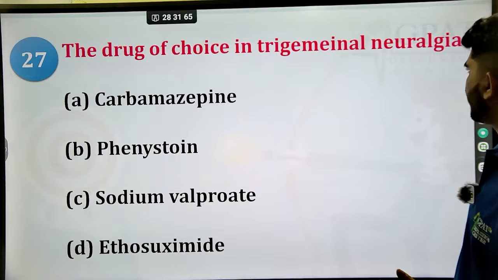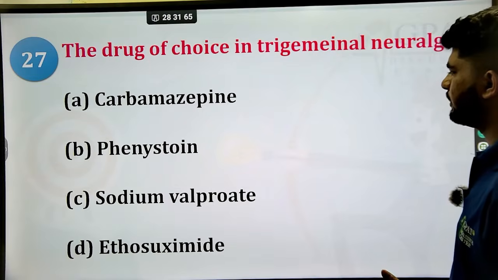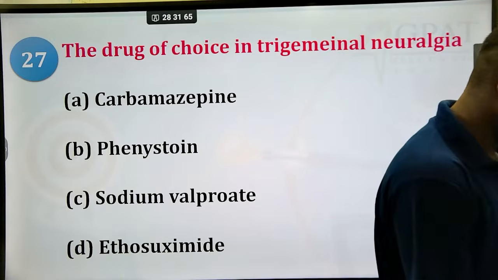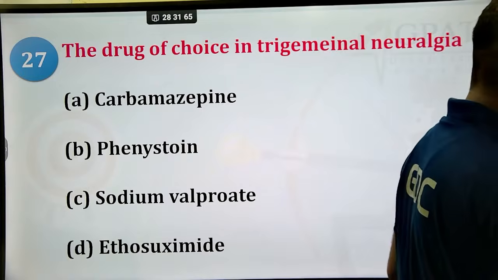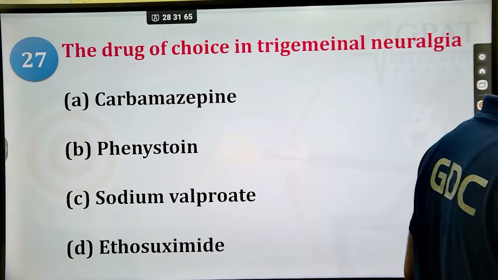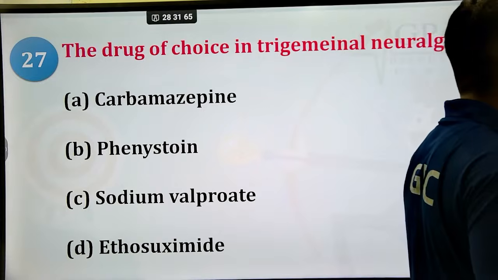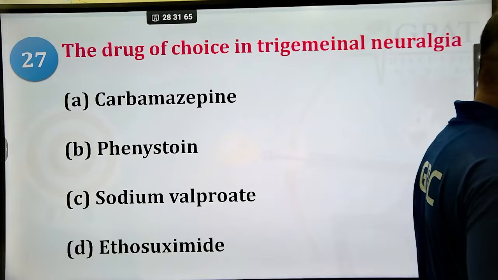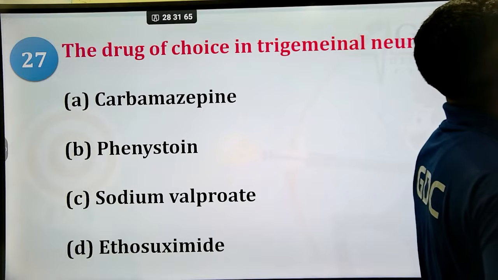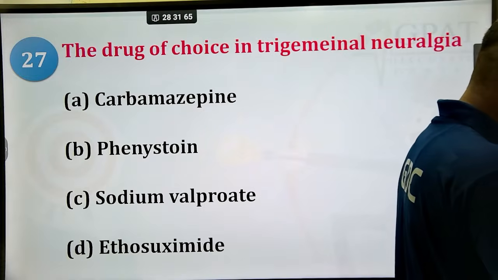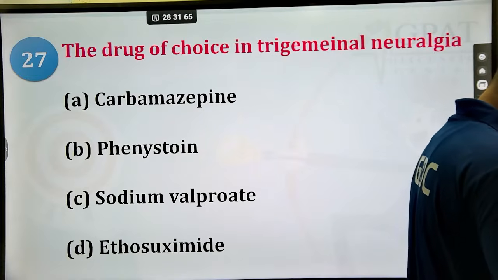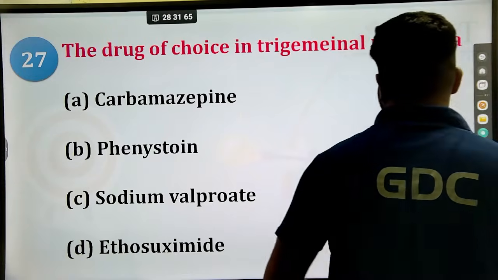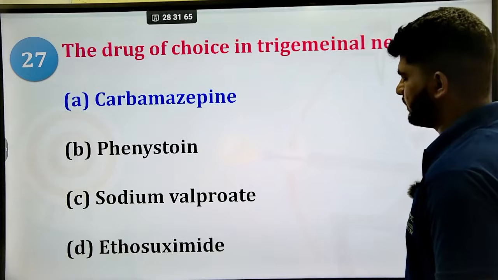The drug of choice in trigeminal neuralgia: carbamazepine, phenytoin, sodium valproate, or ethosuximide. Chalo guys, tell me this one. This one is easy. The drug of choice for trigeminal neuralgia is simply carbamazepine, right?